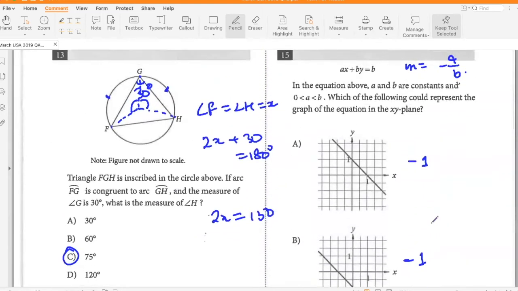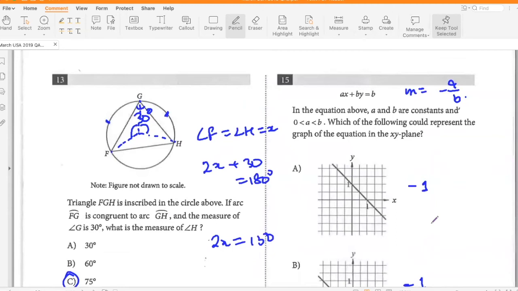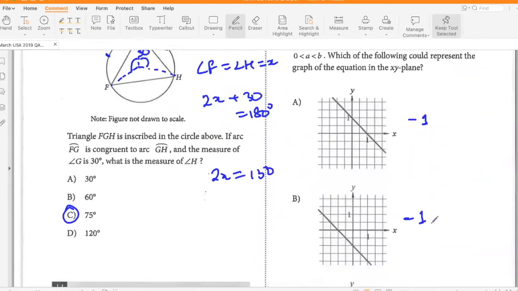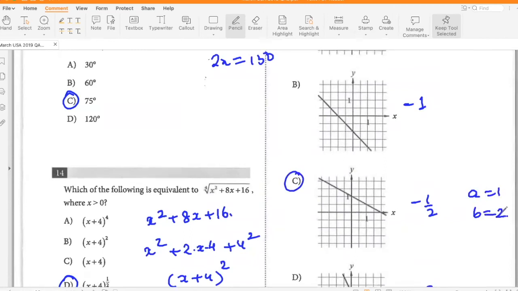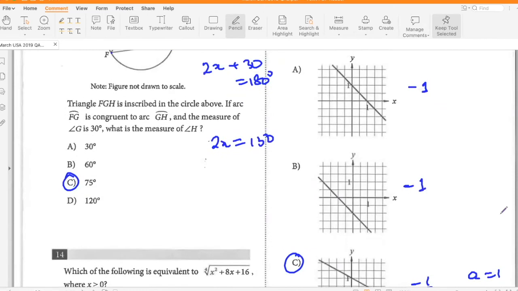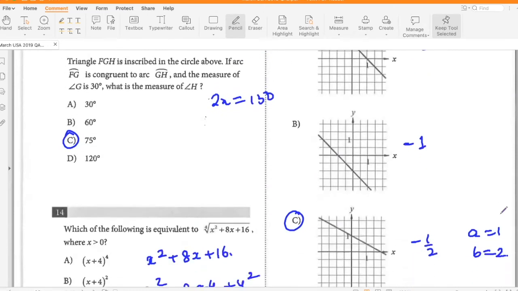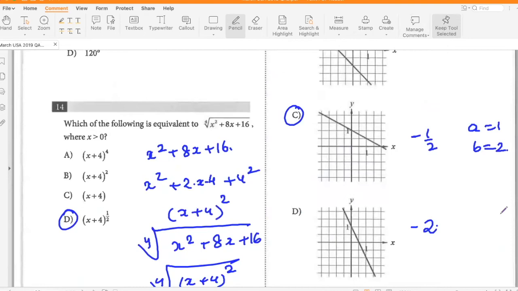So we want to write the slope as -a/b, where a is less than b. So it will be C, because in C, a is 1 and b is 2, right? It can't be A and B because here both small a and small b are 1. And it can't be D because here small a is greater than small b.